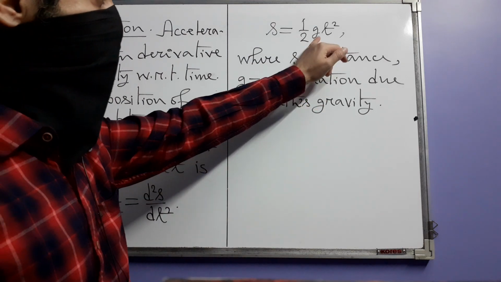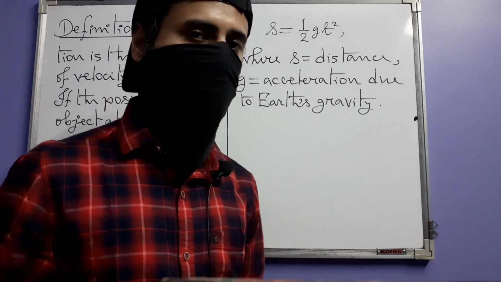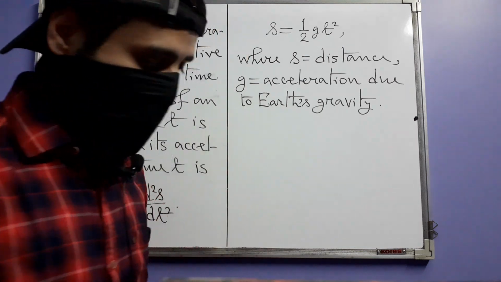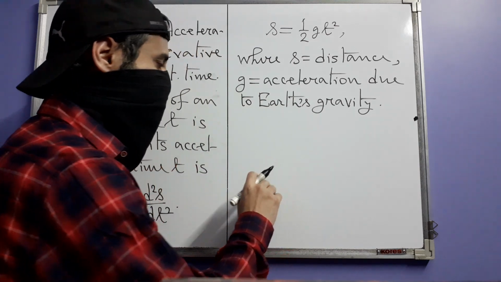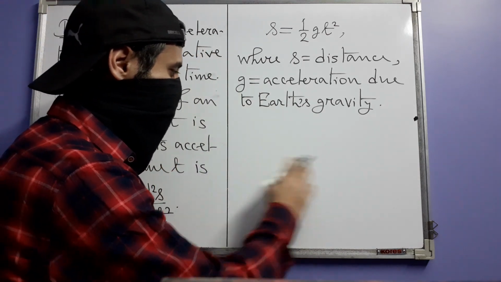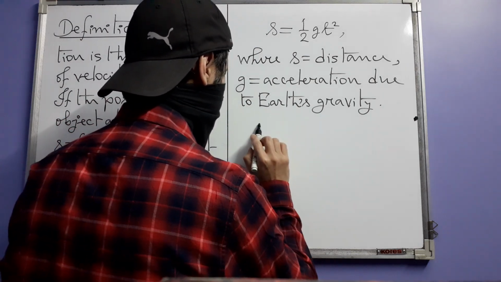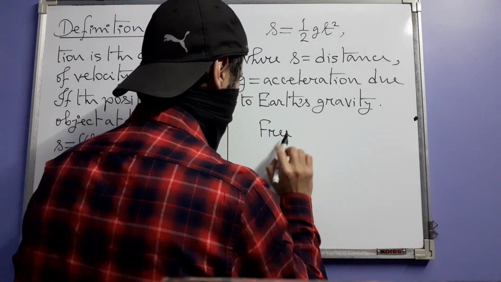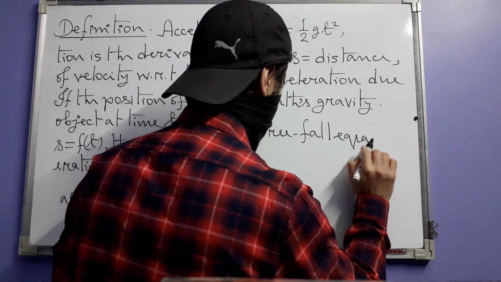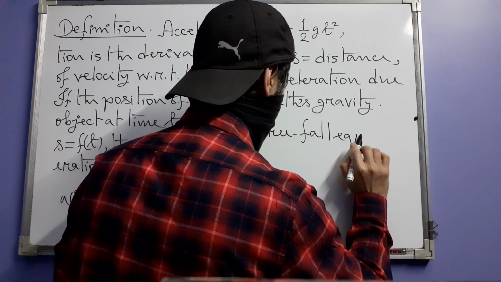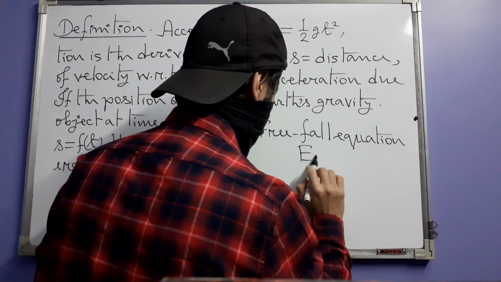Now, the value of this constant, which we also know as the acceleration due to gravity, is given in 2 units. And in fact, based on these values, we have the free fall equation in 2 different systems of units, for our planet.